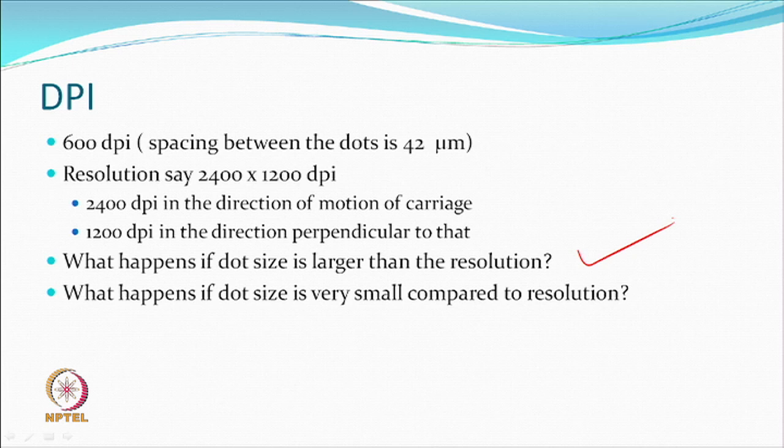If the diameter of the dot is larger than the matrix that you have generated, then there is a problem in the sense that the colors may overlap at those boundaries, and then you may get an effect which may be different than what you had planned for. So, one has to optimize.